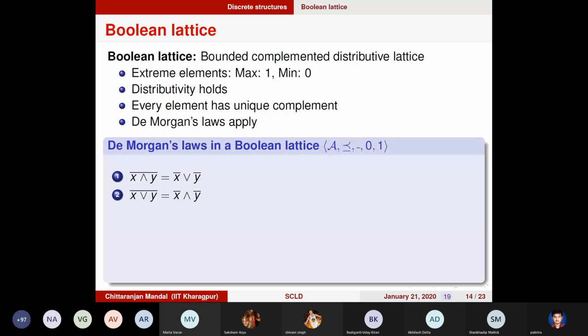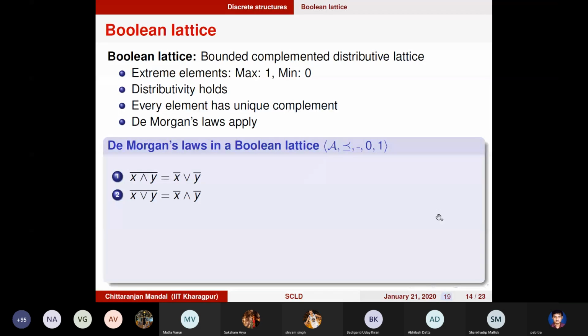The same thing can be expressed as an algebra. Algebra means you have variables, operators and constants. Constants are the max and min, variables are elements of the set, and the operators are the meet and join operators.